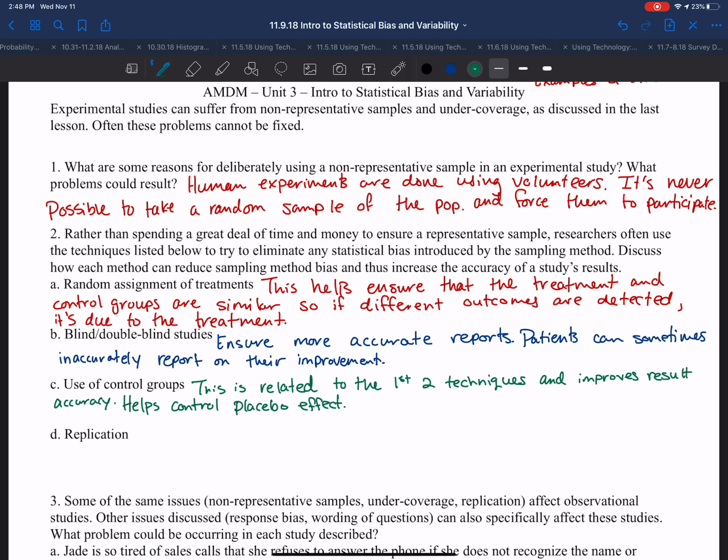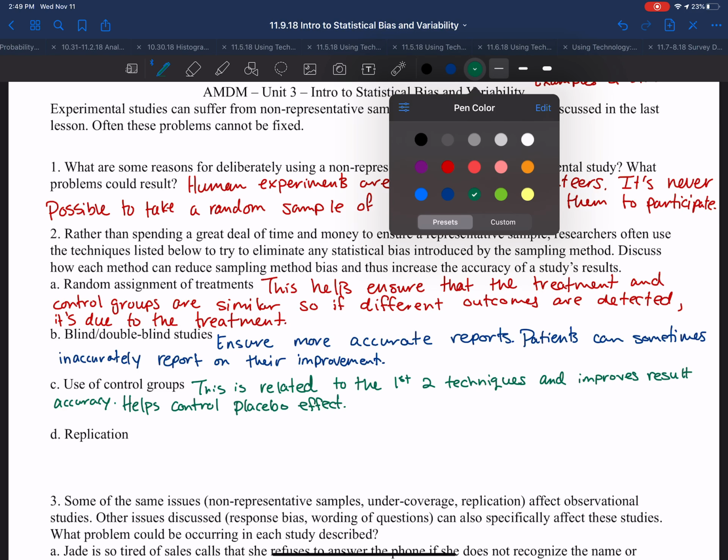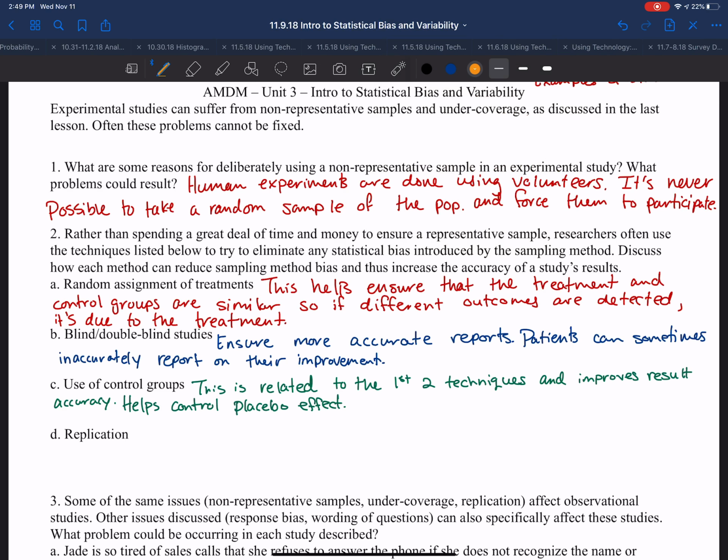And then the last one, replication. So you might do an experiment one time, and that's great, but can you get the same results or similar results again and again and again? If you can get them multiple times in a row, then it gives you as a researcher confidence in knowing, okay, this keeps happening, so we're onto something here. We should say that this is actually the case. This is not just random chance that it happened one time.